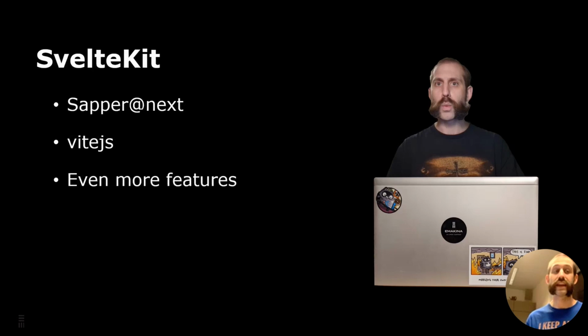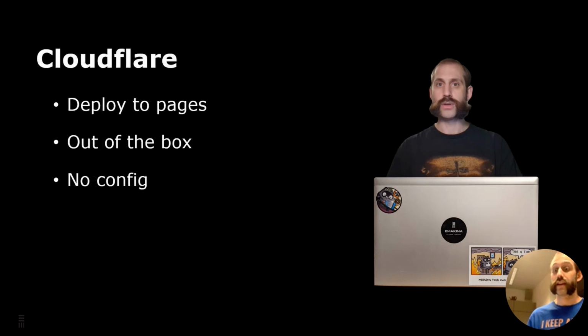But then along came SvelteKit. It's the Sapper successor, pretty much. It's Sapper on steroids. It's powered by Vite, with a super fast developer experience. And it has even more features. It can deploy to Cloudflare Pages.